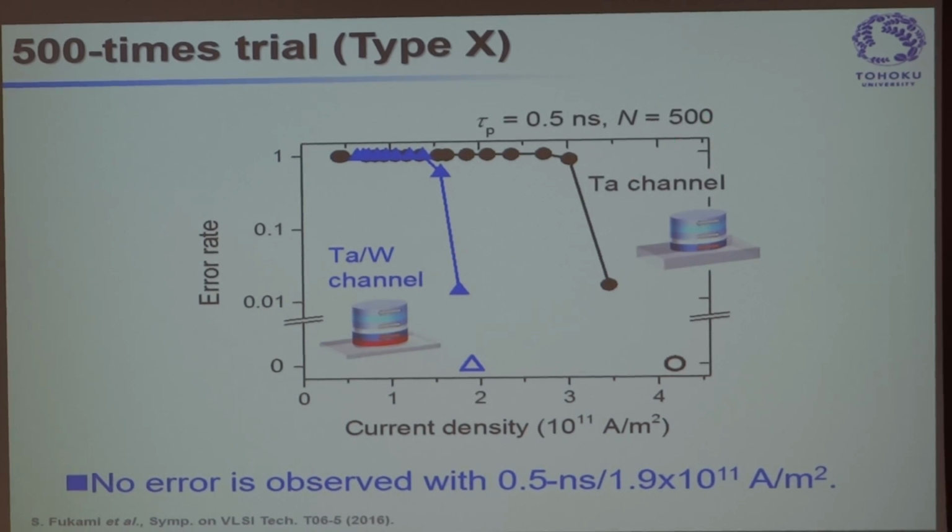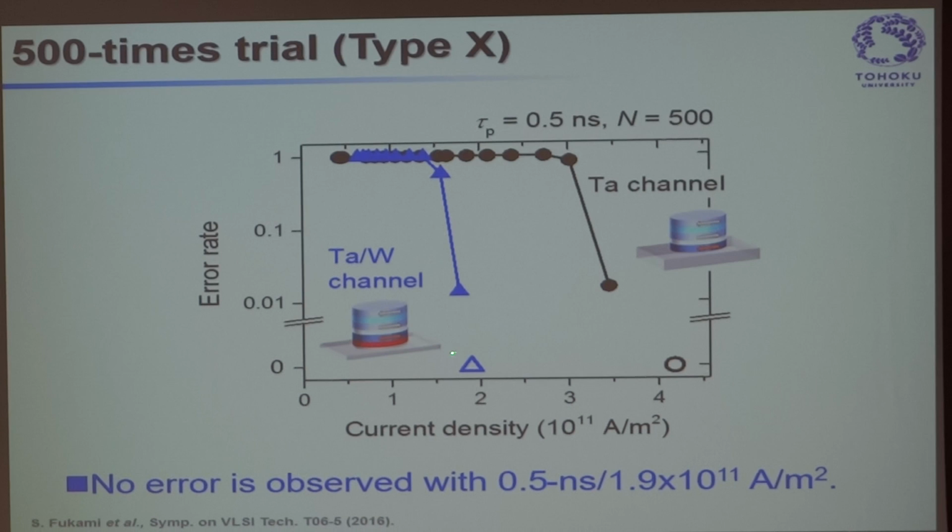And for this 500 picosecond switching, although the number of trials is not large enough, we see 0 error rate. So 500 trials have all succeeded in switching. This is an encouraging sign, and the threshold at the moment at 500 picoseconds is slightly below 2 times 10^11 amps per square meter.